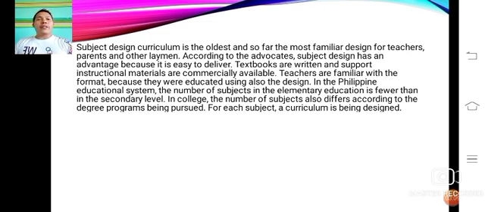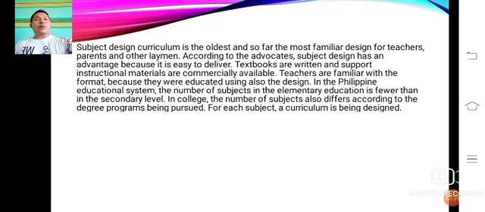Teachers are familiar with the format because they were also educated using this design. In the Philippine education system, the number of subjects in elementary education is fewer than in the secondary level. In college, the number of subjects also differs according to the degree program being pursued. For each subject, a curriculum is being designed.